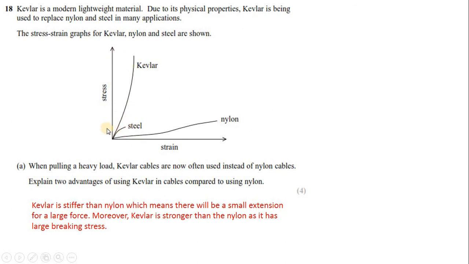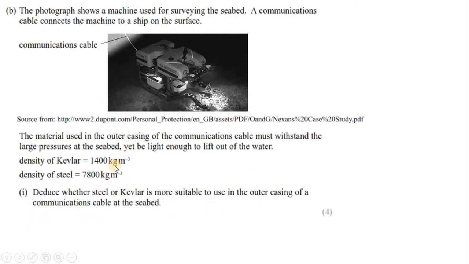So it is lightweight and stronger due to the high stress and the density. That means a very thin coating can be used for the same amount of stress, and it will be lightweight. So for the same amount of stress and pressure, Kevlar is best because it is lightweight and stronger than steel.